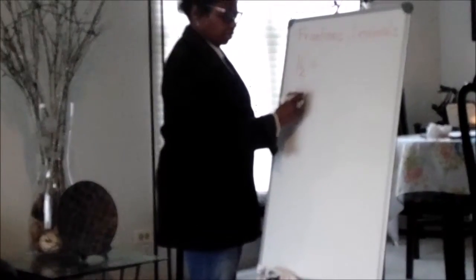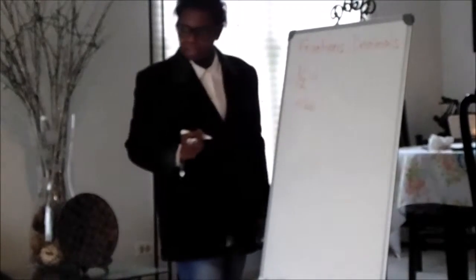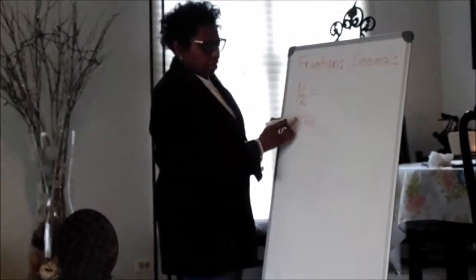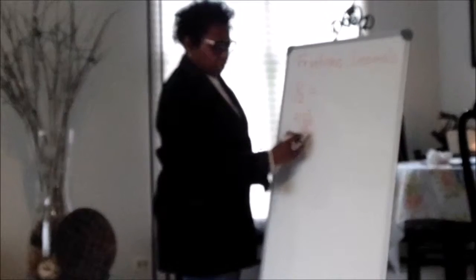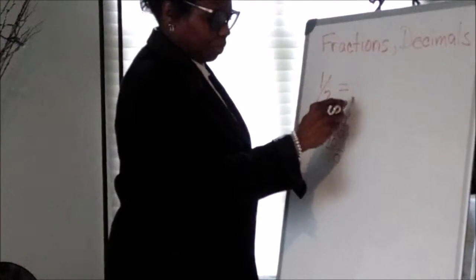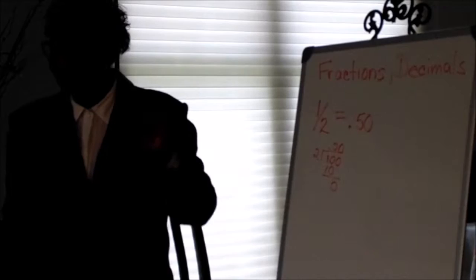let's say half, okay? What percentage is that? So we'll take 2 into 10, which goes 5 times, and 2 into 0 is 0. So half actually looks like what as a decimal? 0.50, which is the same as 50 hundredths.